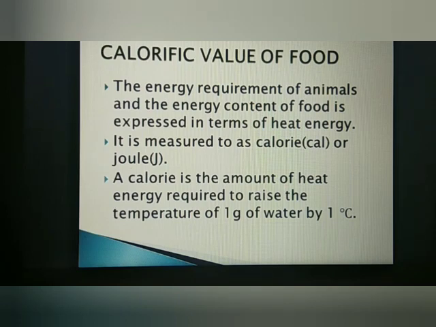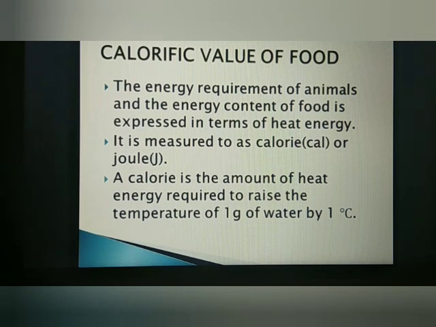That energy is expressed in terms of heat energy, and it is referred to as calorie. The amount of heat energy produced from the oxidation or breaking down of a particular nutrient, or the energy present in the chemical bonds inside that molecule, is called calorie.